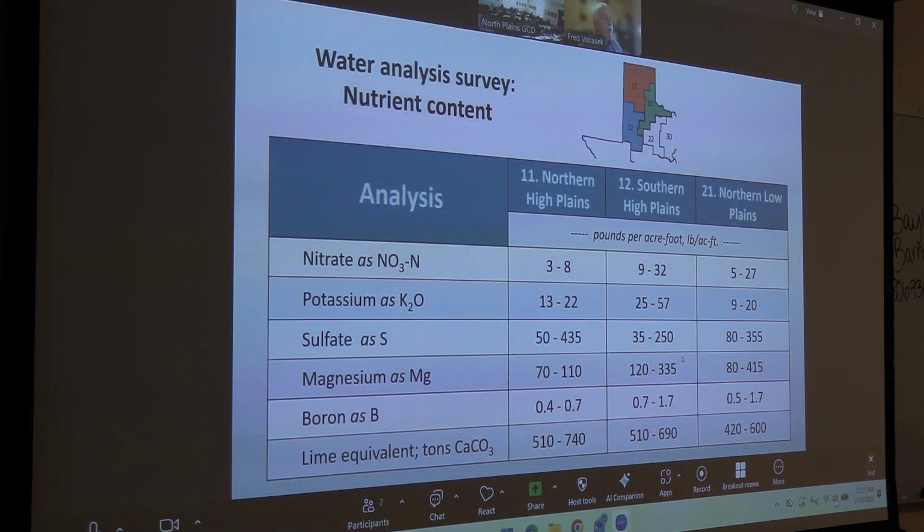Now in that survey, I also took a look at nutrients, and we can go through this later, but I looked at the amounts per acre foot, per 12 inches of irrigation. So double these numbers depending on whether you're on the per 12 program. In an acre foot, we're looking at pounds of nitrogen per acre, pounds of potash, and we have a lot of sulfur and a lot of magnesium in irrigation water.